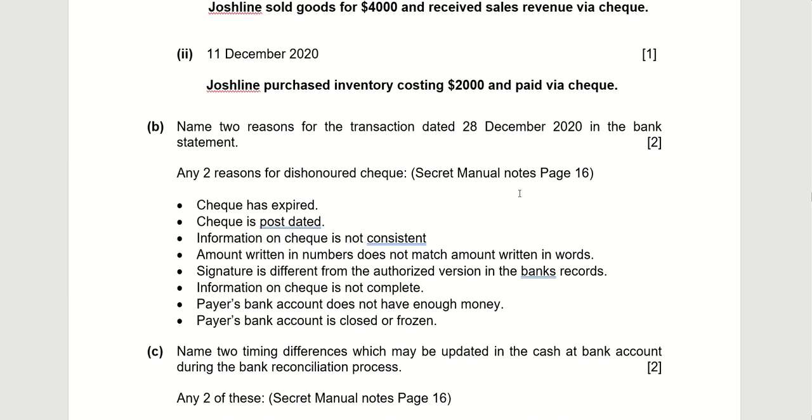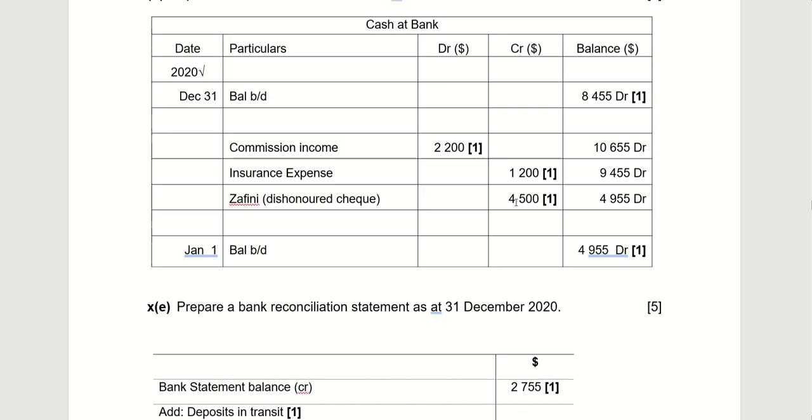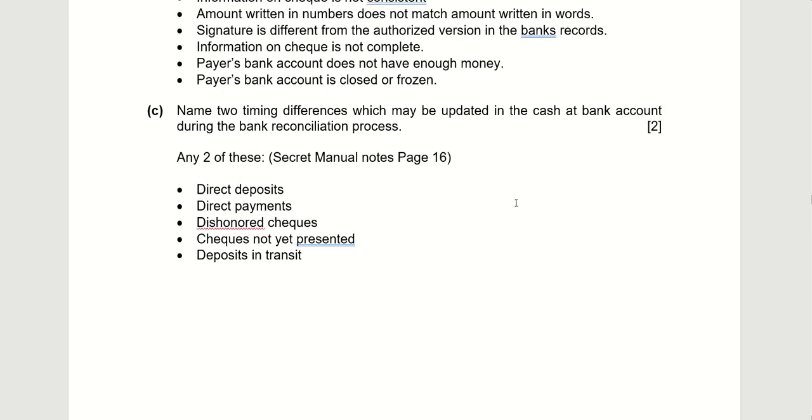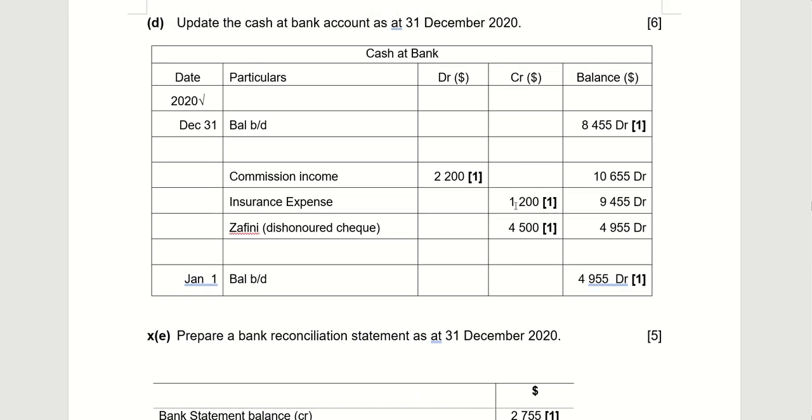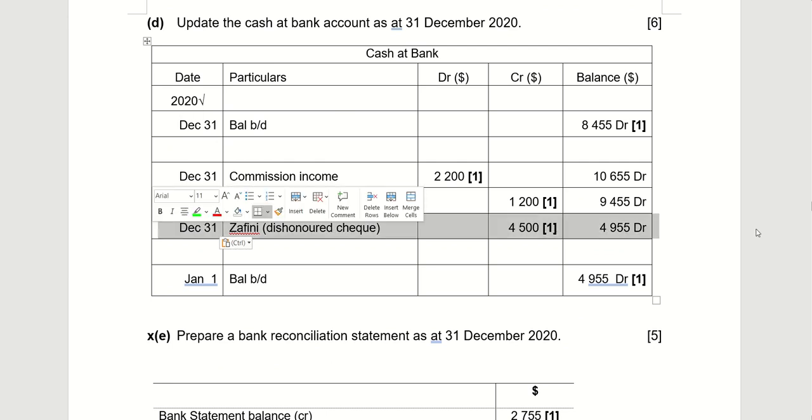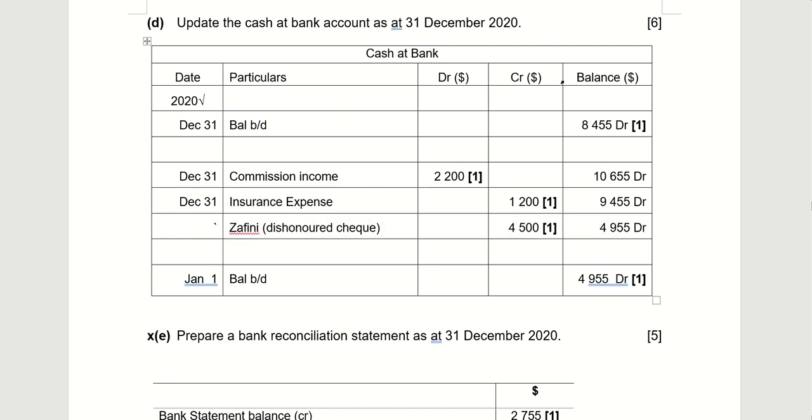So what do we do? That is a dishonored check, and the two accounts affected are over here. The two accounts affected are cash at bank, credit, minus, because you did not receive money from Zafini.